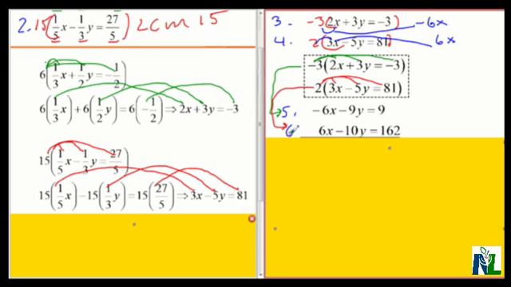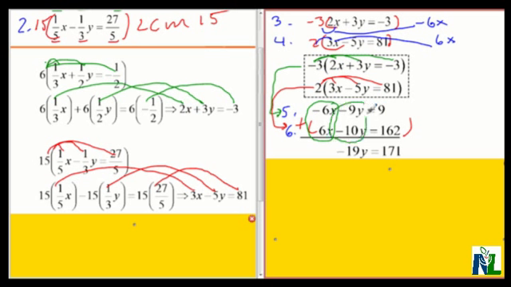I'll call that equation 6. Now I'm going to add equations 5 and 6 to eliminate the x terms. Negative 6x plus 6x is 0. Negative 9y plus negative 10y is negative 19y. 9 plus 162 is 171. So I get negative 19y equals 171.